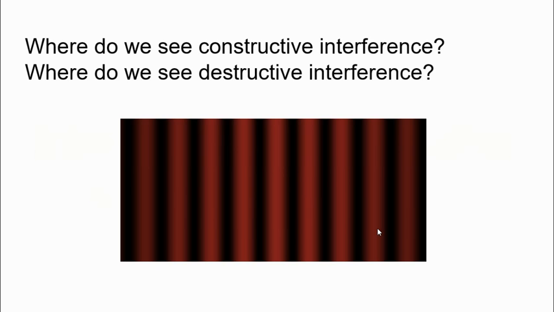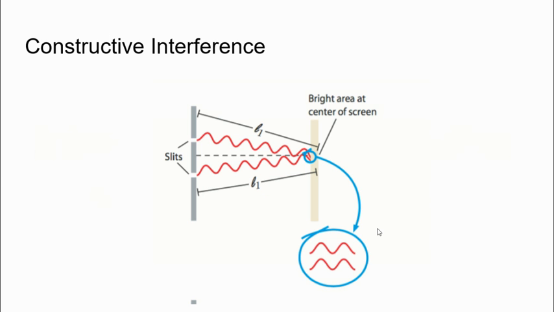And by the way, I'm going to go a little fast here, so you can always pause the YouTube video as you're watching if you need to get caught up with any of this. So as it turns out, when we have light coming from multiple sources, just like when we have sound coming from multiple speakers, we can get constructive interference if the crests and the troughs line up with each other. That's constructive interference.